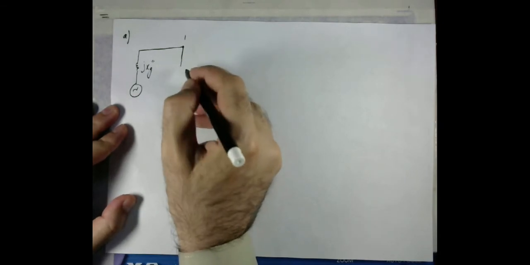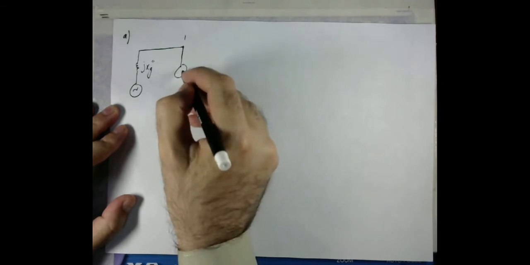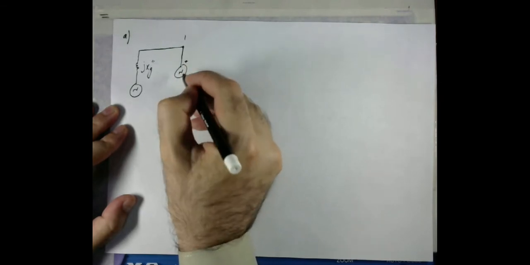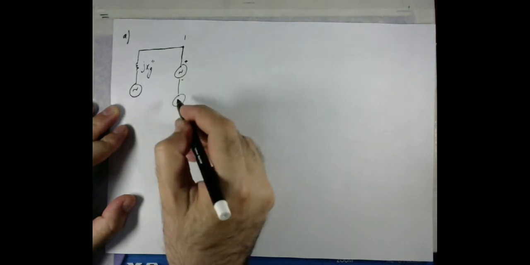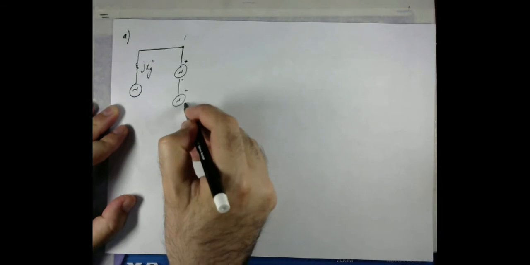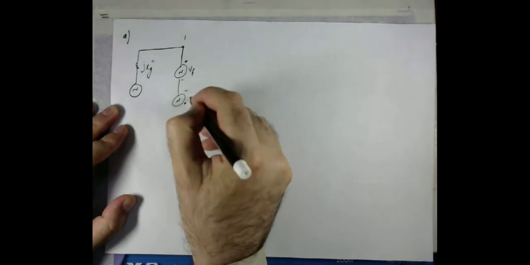Now I will draw two opposing voltage sources, that is plus minus, and then another source minus plus, we called it VF.